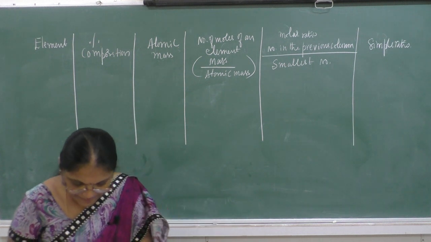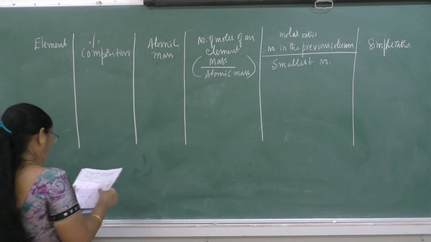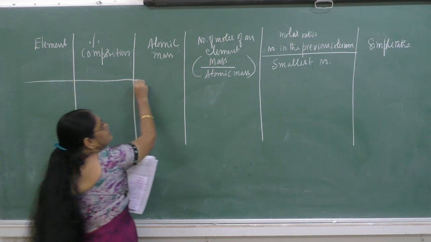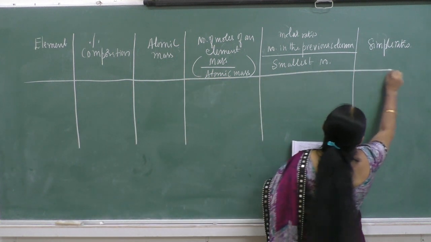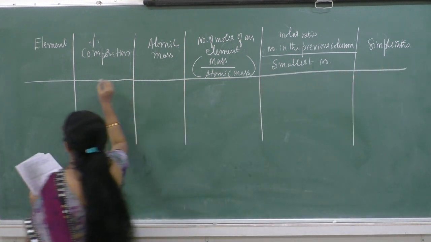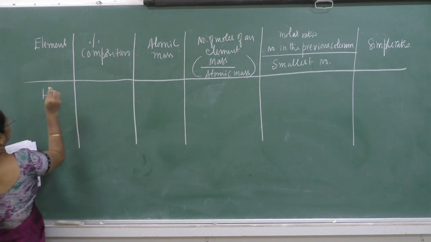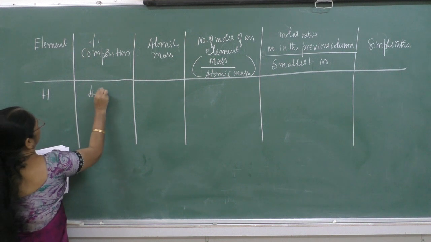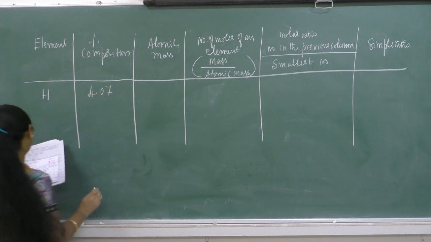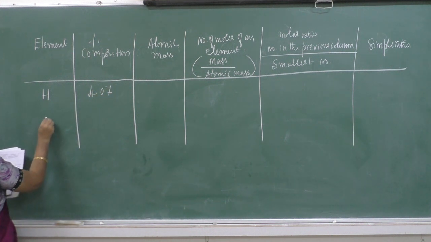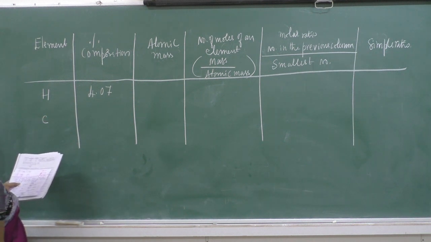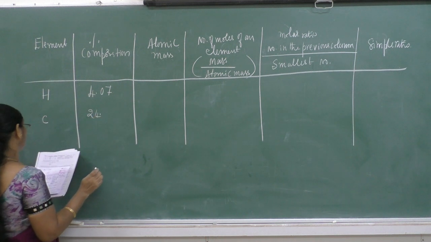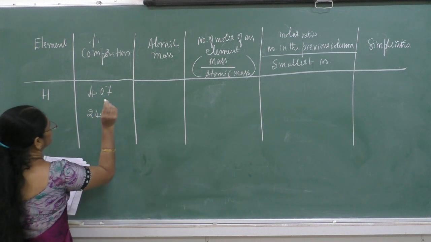The first one is hydrogen, and its percentage composition is 4.07. The next element is carbon, its percentage composition is 24.27.